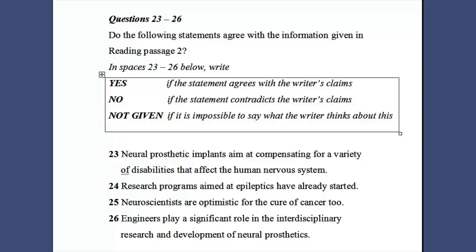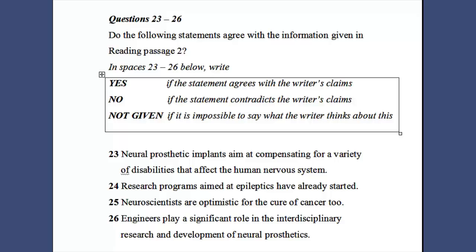In spaces 23 to 26 below, write yes if the statement agrees with the writer's claims, no if the statement contradicts the writer's claims, and not given if it is impossible to say what the writer thinks about this. Well, here in this example they ask you about the opinions of the writer, so you should take into account only the writer's views in order to answer the questions.